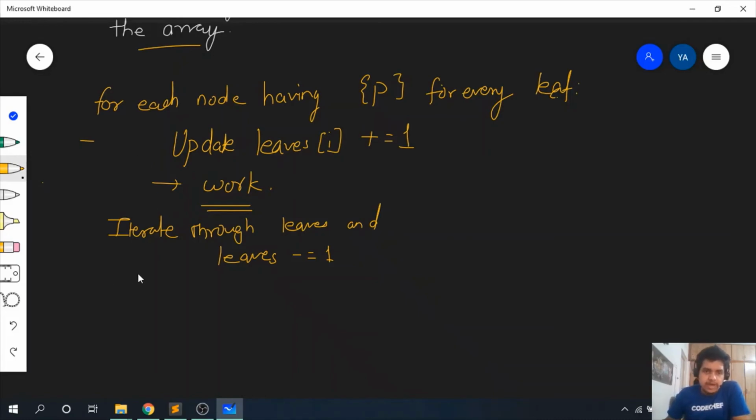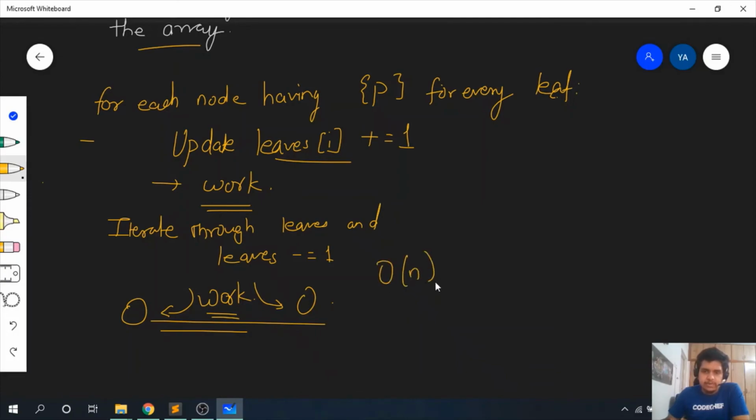So the value of leaves will be 0 before visiting that node, and also 0 after the work is completed. Therefore we can maintain the leaves array in O(N) space with this pre-computation. Now let us check out what the time complexity of this solution will be.